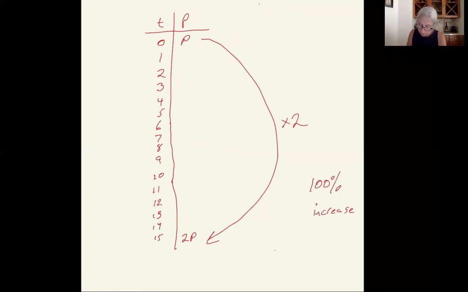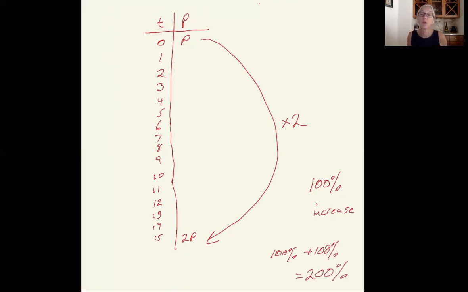I started with my original 100% and added another 100%, which gives me a total of 200% of the original population, which means my change factor is 2. This is my 15-year change factor, and the 100% increase is my 15-year percent change. Okay, so let's get that terminology out of the way.